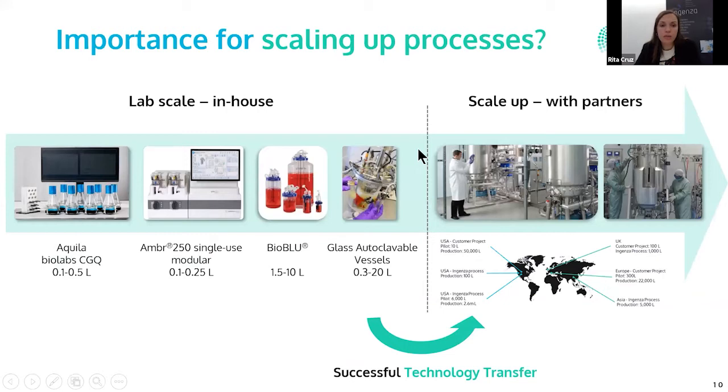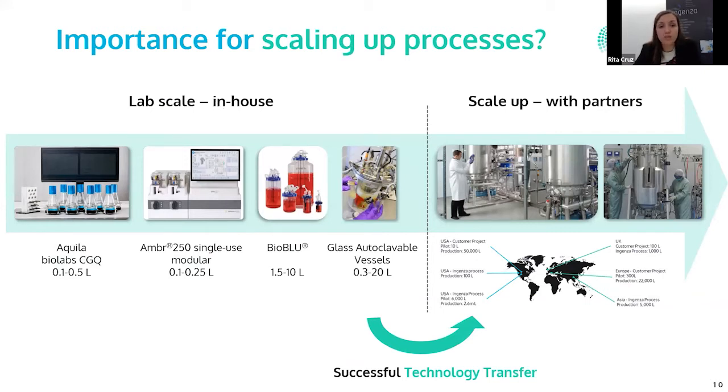The final topic I wanted to mention: how is this important to scaling up processes? I mentioned in the beginning, we work in a diverse range of projects, and here at Ingenza, we work at lab scale. So we have shake flasks at a milliliter scale, or fermentation vessels up to 20-liter scale.